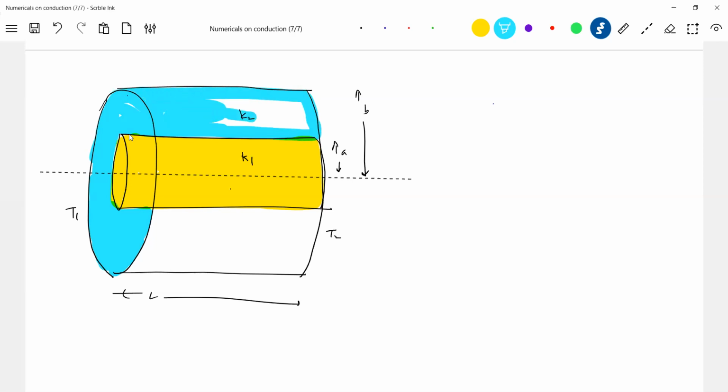Or a wedge roll. You're quite familiar with the eatable things. Inside that vegetable is K1, and that wheat dough is K2. So in the wedge roll, at the ends I maintain a temperature difference T1 and T2.